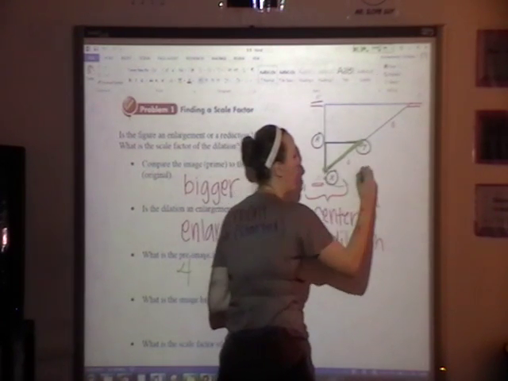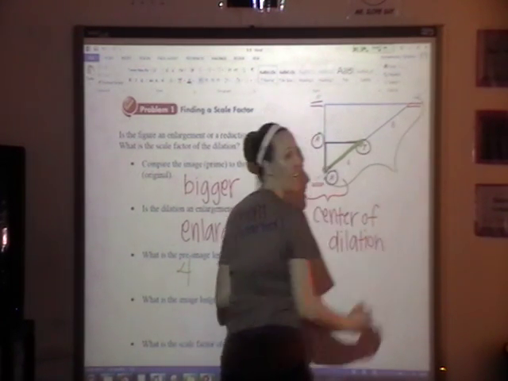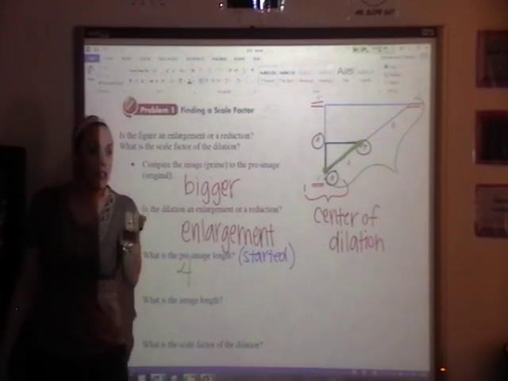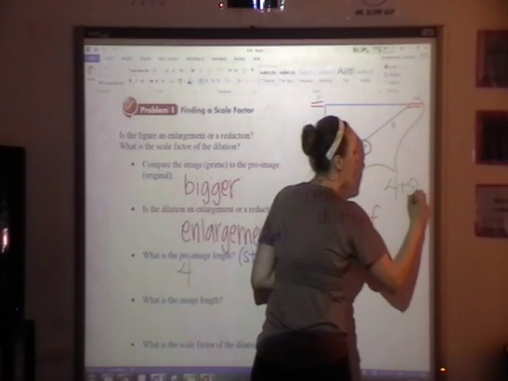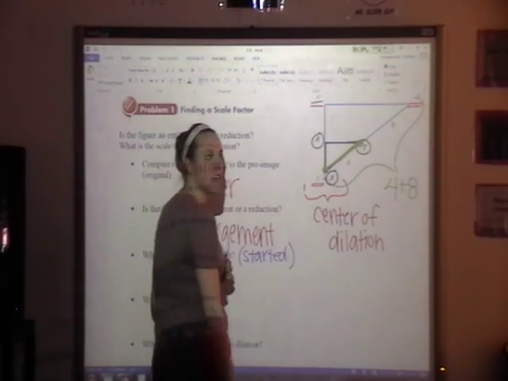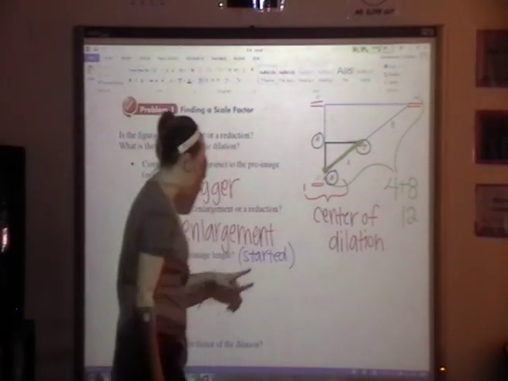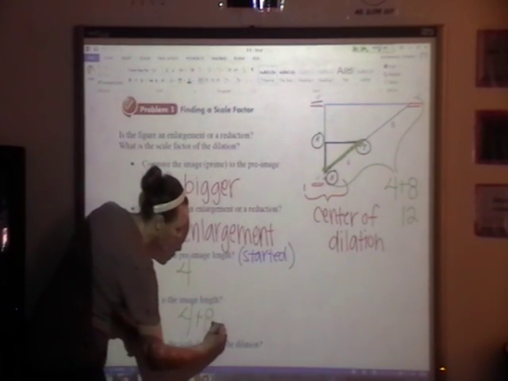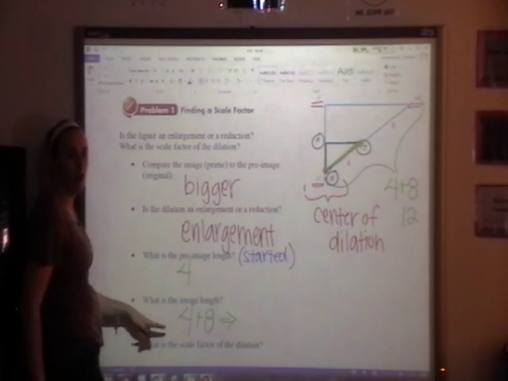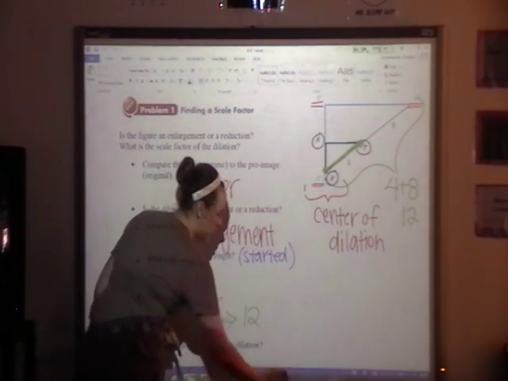So we want to go here to here. So what did you do to get 12, Brayden? You add it. 4 plus 8. What's 4 plus 8? 12. So our image length is going to be 4 plus 8, just in case you don't decide to write everything that I do. 4 plus 8 is equal to 12.